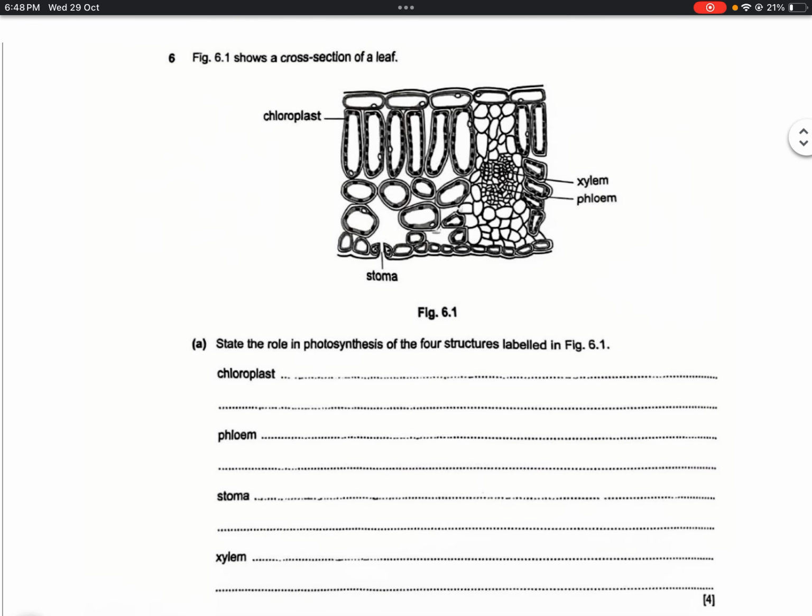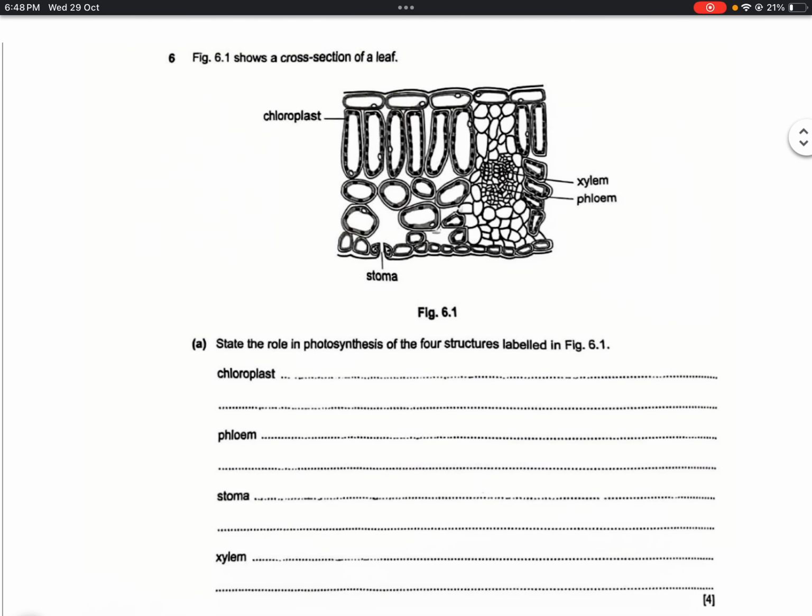Next, phloem is to conduct manufactured food away from the leaves.